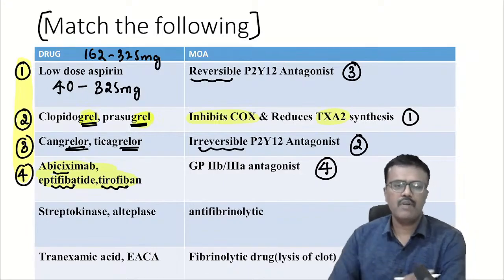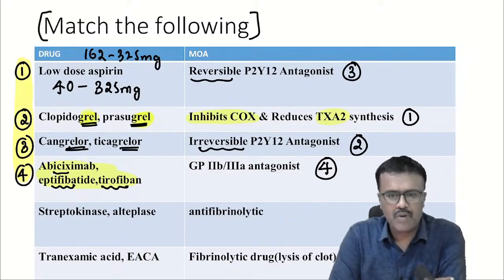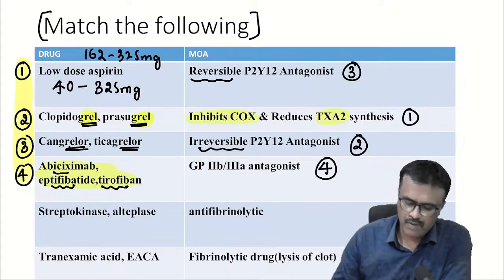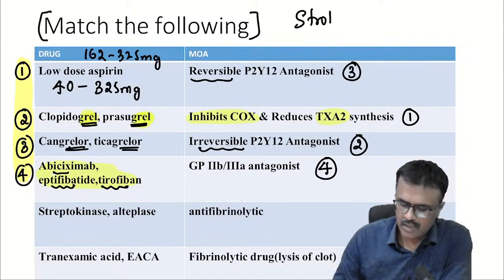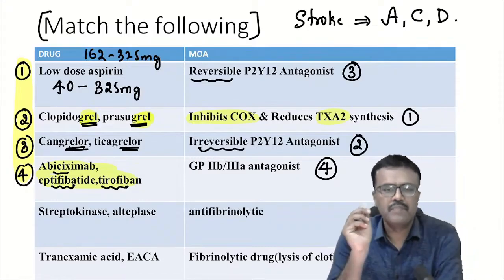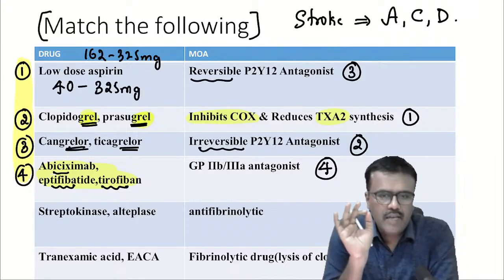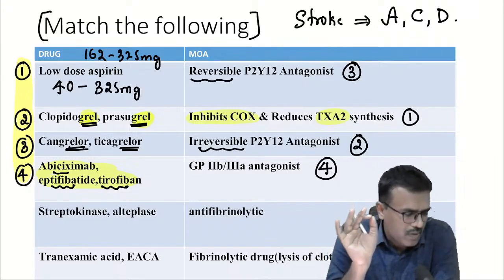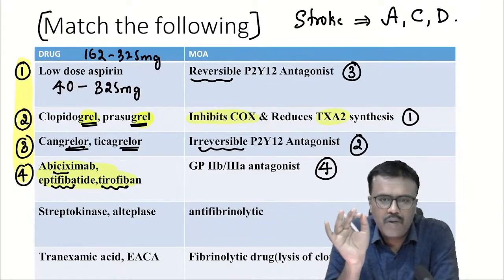They are used for prophylaxis of MI and prophylaxis of stroke. But for stroke prophylaxis, 3 drugs are used: aspirin, clopidogrel, and dipyridamole. These are the 3 approved antiplatelet drugs.